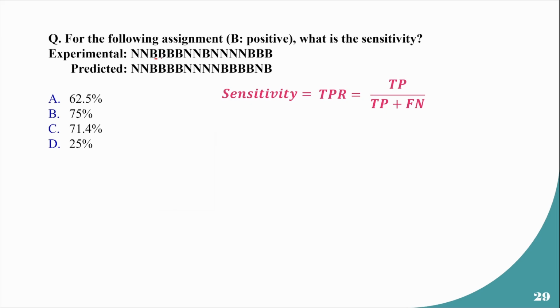Now among all of the B that we can see in the experimental values, how many were correctly identified as B in the predicted set of values? So here we can see 4 B's which were in experimental as well as in predicted values, so they are basically the same, right? So B versus B, that's a correct prediction for positive values.